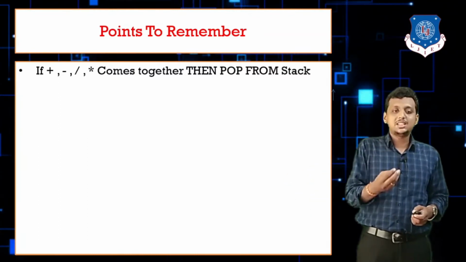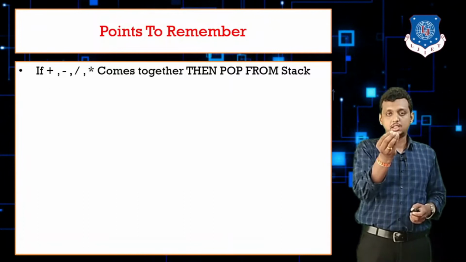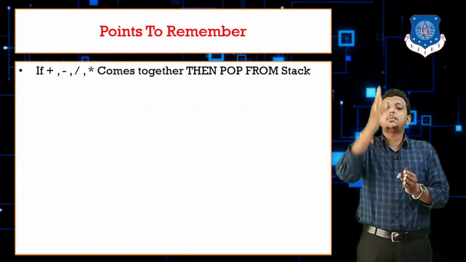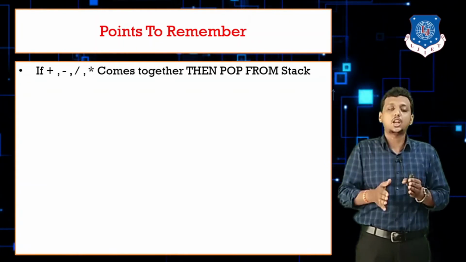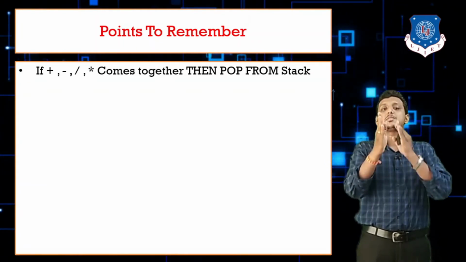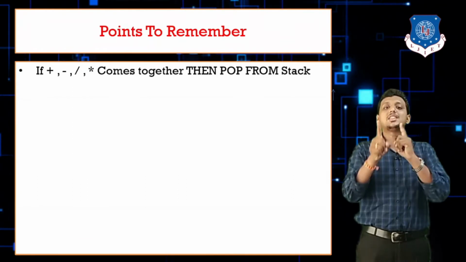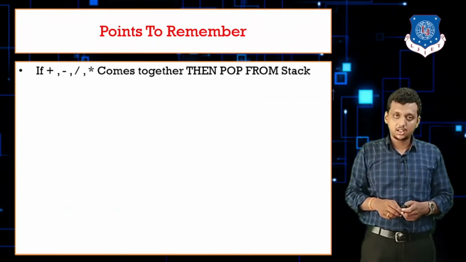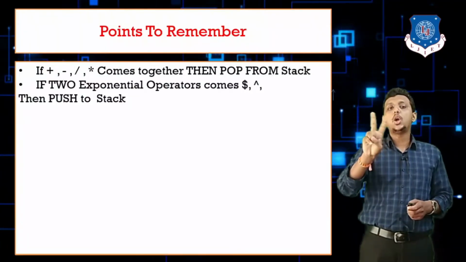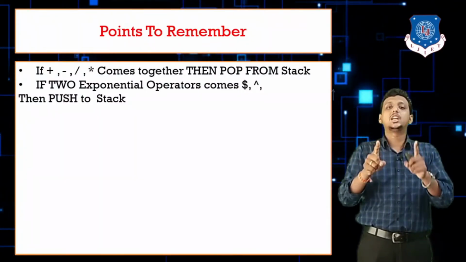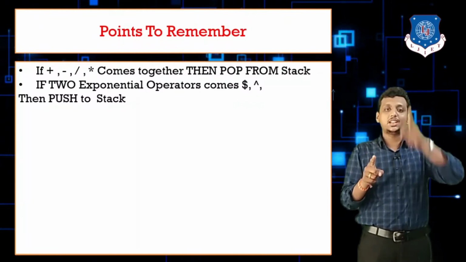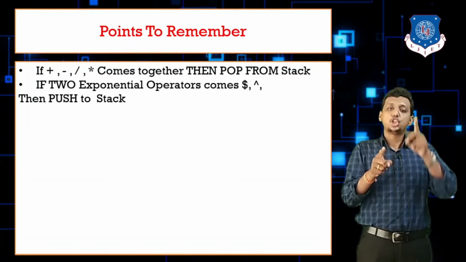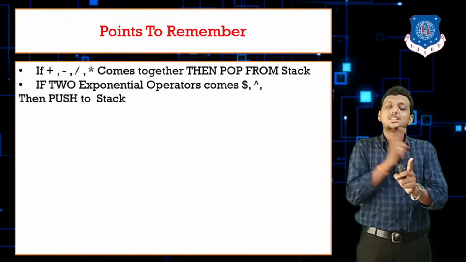The first point is that if you find plus, minus or division, star coming together in the next column and the s of top, or we can say the stack column, then you just need to perform the pop operation from the stack. If you have two exponential operators together in the next input character column and the stack column, then you just need to push your input character inside the stack.